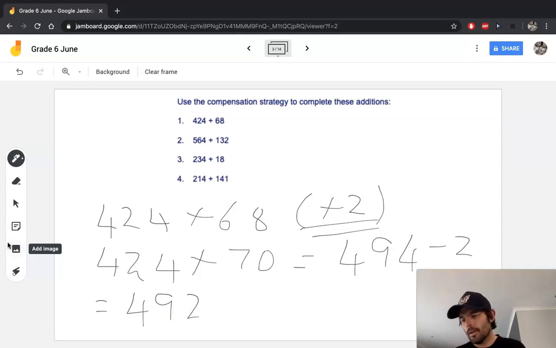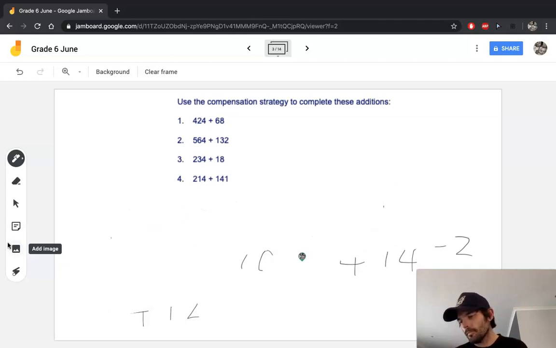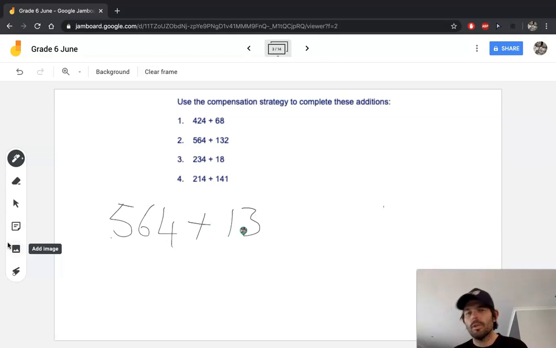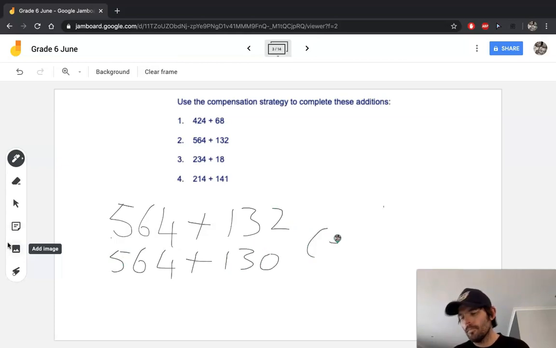Let's have a look at the second one, which is 564 add 132. What I'm suggesting you do is change the 132 to 130. Okay, so we know we've subtracted 2.